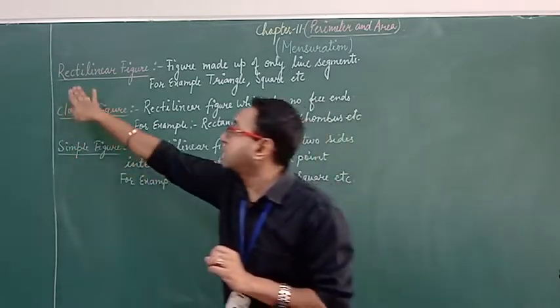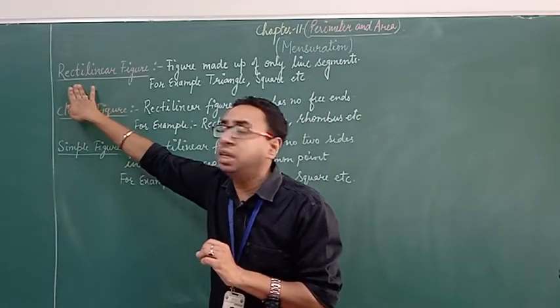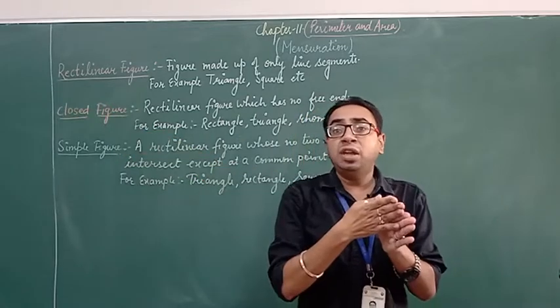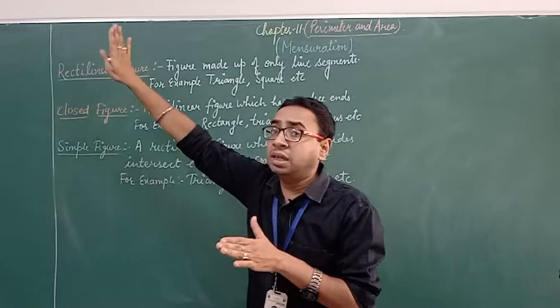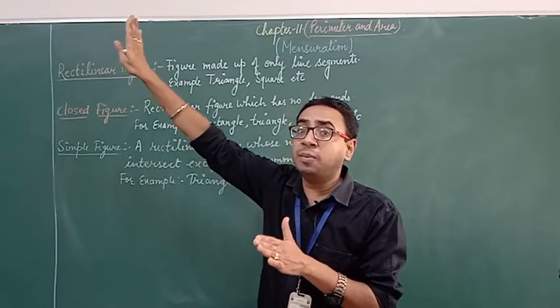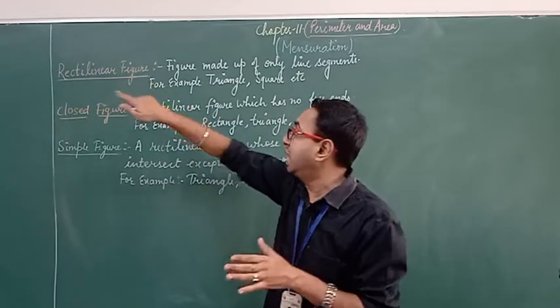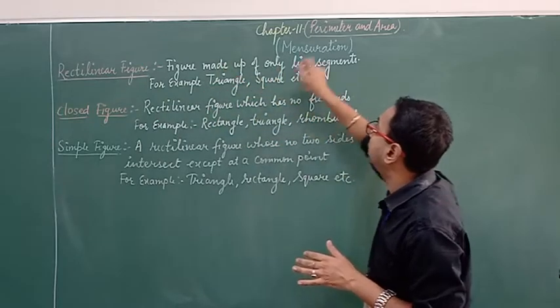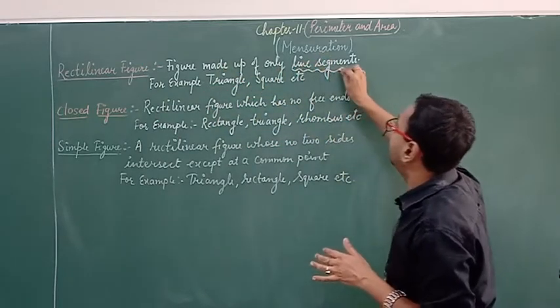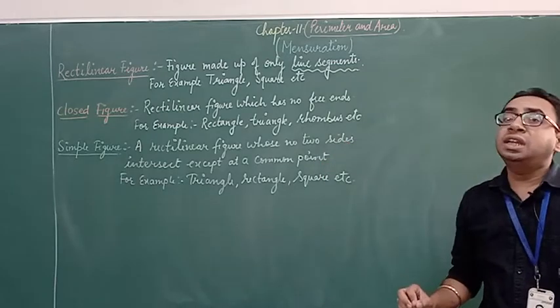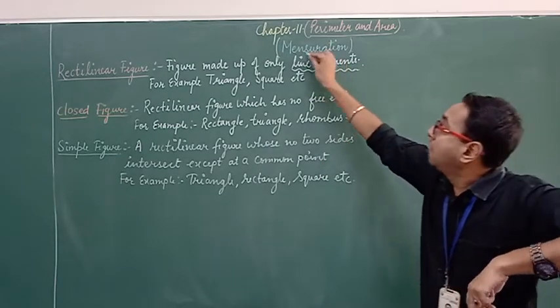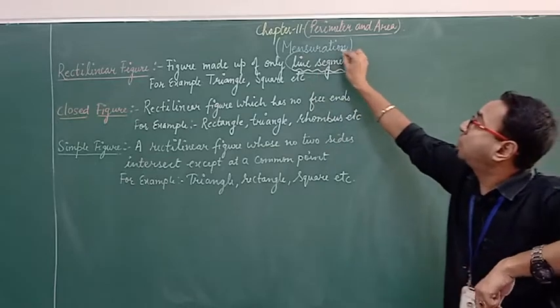Rectilinear. Rect means straight. Linear also means straight. When you are walking straight, that is what rectilinear means. Linear, straight, line segment, 180 means straight. The figure made up of only line segments is known as a rectilinear figure.